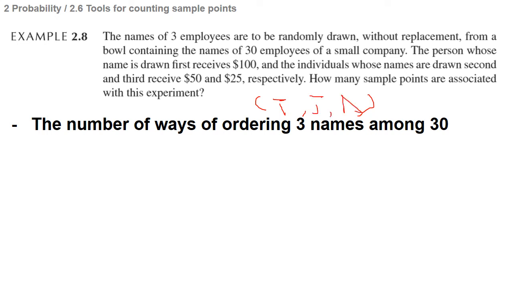This is your simple event, and we want to count all the simple events, and that's the number of ways of ordering 3 names among 30.